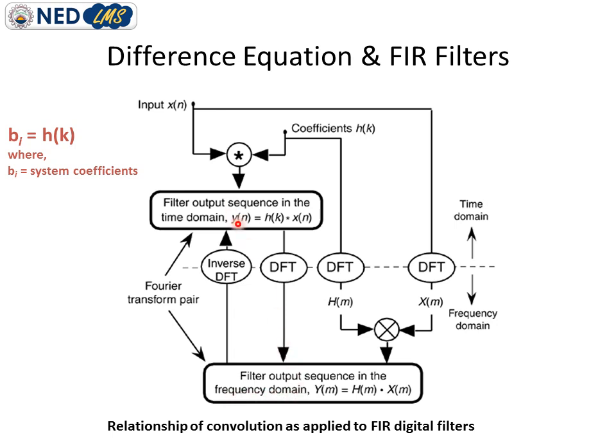Usually we use small caps for the time domain and capital letters for representation of the frequency domain. So you can see that y of n is in the time domain, and after taking DFT or FFT, just by transforming it into the frequency domain, we will get the output sequence in the frequency domain.